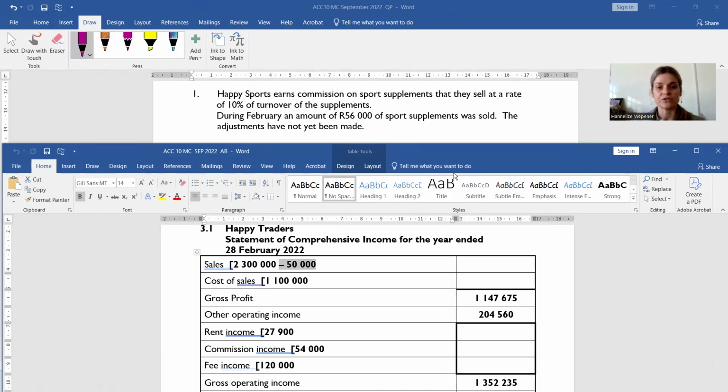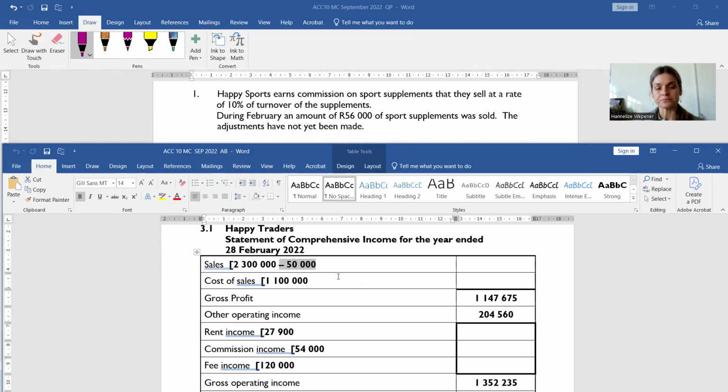And it says that during Feb, an amount of 56,000 Rand of sports supplements was sold, and the adjustment for this specific commission that you earned has not yet been made. So remember that you must include all the income that you generated or earned for the current 12-month period.